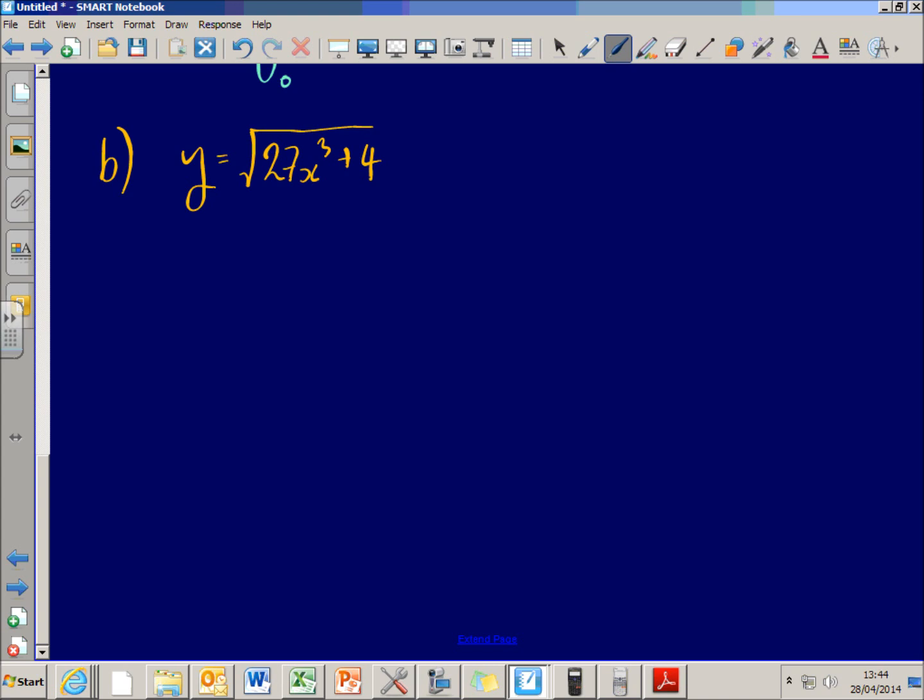Okay, so what we do here is, it's a scale factor of 3 in the x direction. So that means, listen please, because this is important, that it's the x that changes, and it's changed by the opposite of what you think.